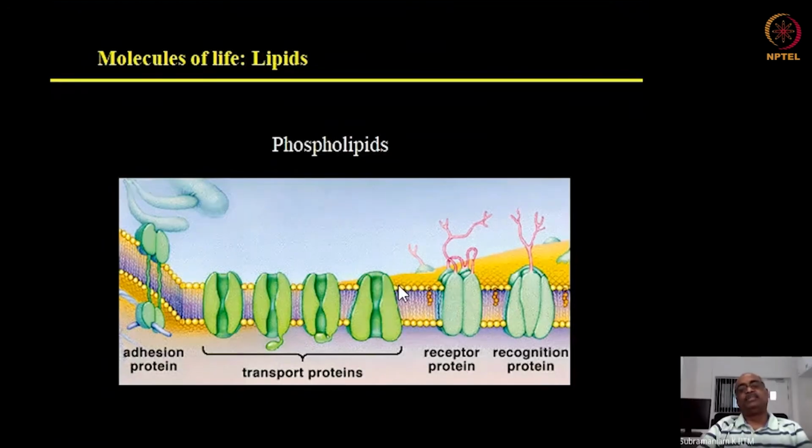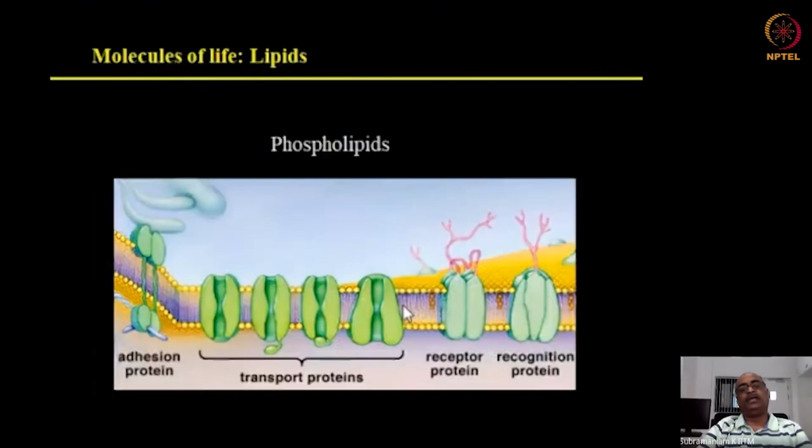So we call that the head group, and the two fatty acids the tail group. These tail groups point towards another layer of phospholipid molecules, and these hydrophobic tails interact among themselves through hydrophobic interactions. And the head groups, being hydrophilic, interact with the water-based aqueous environment.